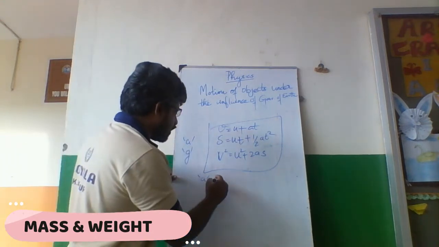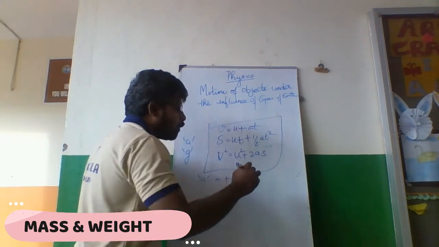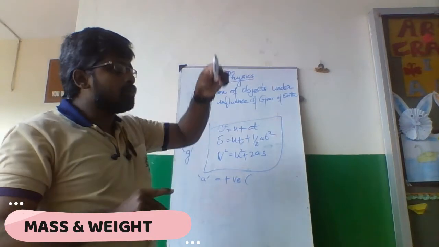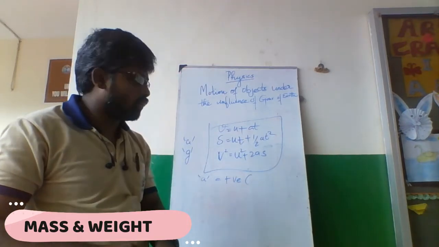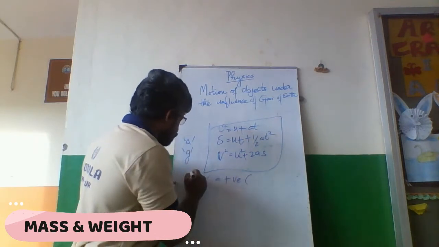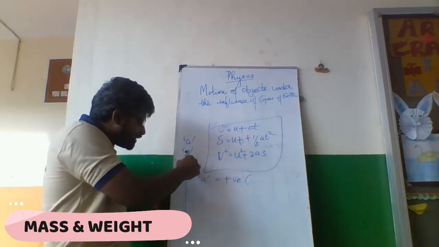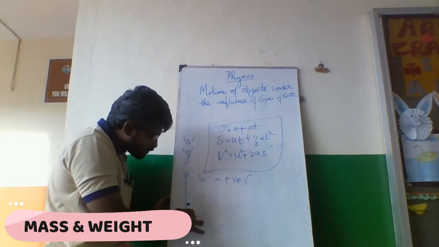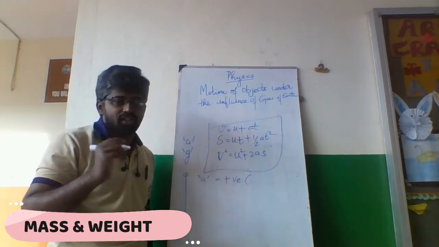For example, an object is moved from top to bottom. That means this is the motion of the object, and the acceleration of the object is on the same line, so acceleration is positive.